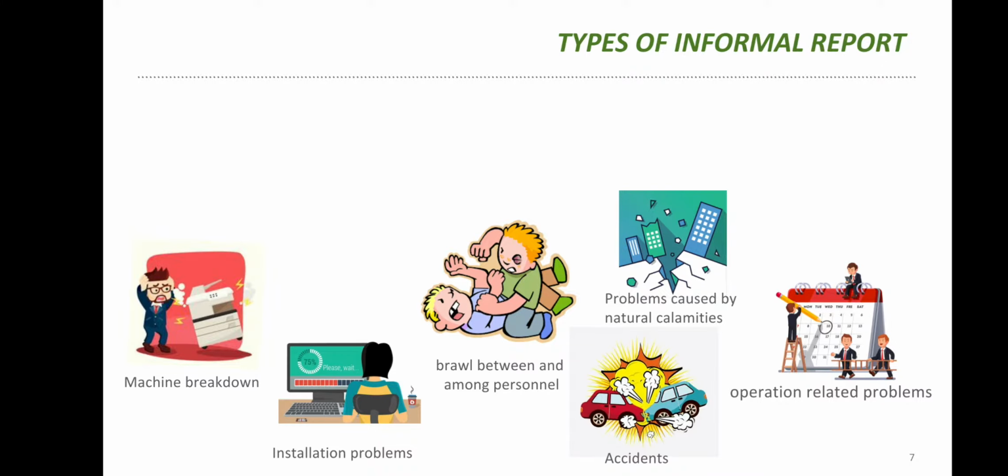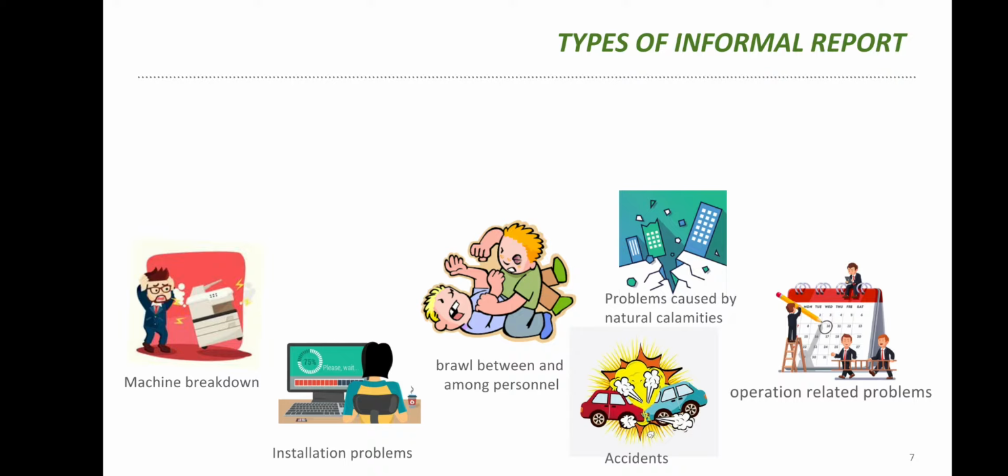So for that one, types of informal report still, we have some of the common situations that require an incident report. For example, machine breakdown, installation problems, brawl between or among personnel, small incidents or even major incidents, problems caused by natural calamities, operation-related problems.